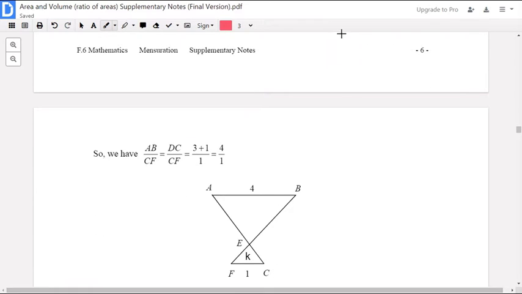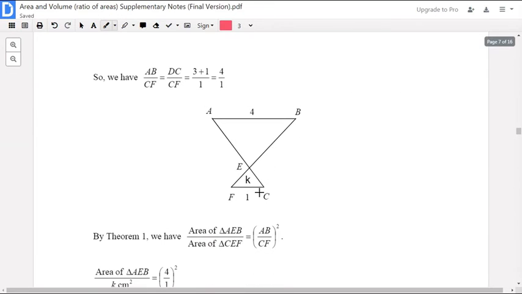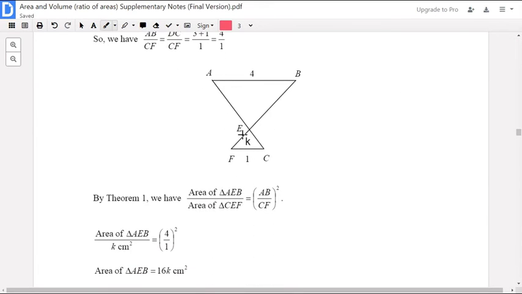And now, because the area of triangle CEF is K and the ratio is 1 to 4, using theorem 1, these two triangles are similar, so the ratio of areas should be the ratio of corresponding lengths squared. Substitute the values. The area of triangle AEB is unknown, but triangle CEF is K, and the ratio is 4 to 1 squared.